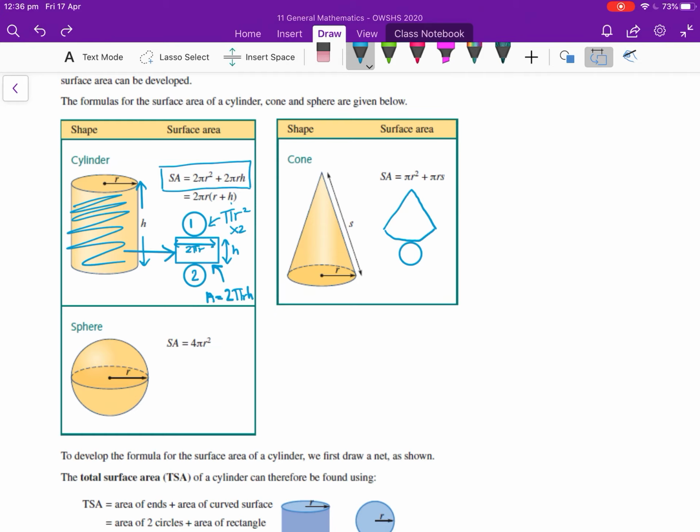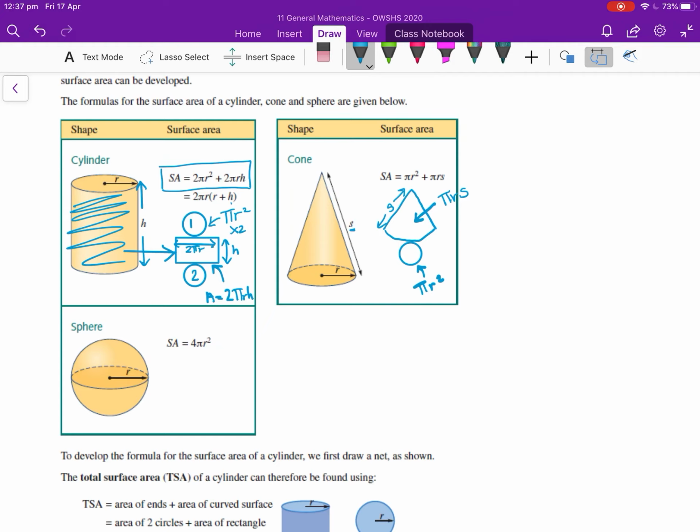So when we have that shape, we know that the area of a circle is pi r squared, and this shape here, the area is actually pi rs. Okay, and the s being the slant height of the cone, so this value here.